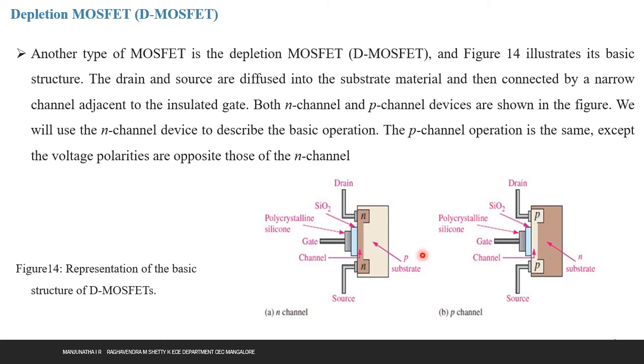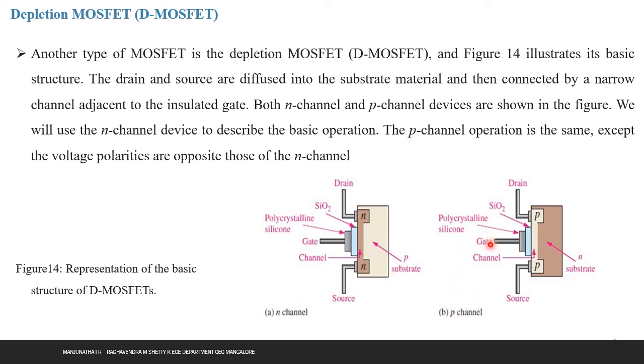The operation of the N channel is the same as the P channel, but the polarity of the voltage that we give to the gate is different. For example, for an N channel we give a positive voltage to the gate, and for a P channel a negative voltage. Or else, for an N channel a negative voltage, and for a P channel a positive voltage.